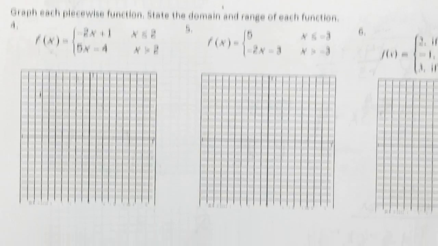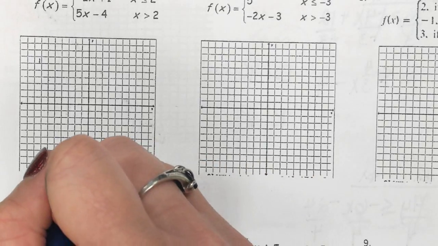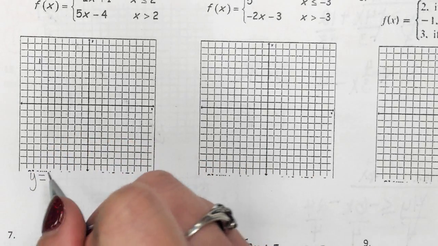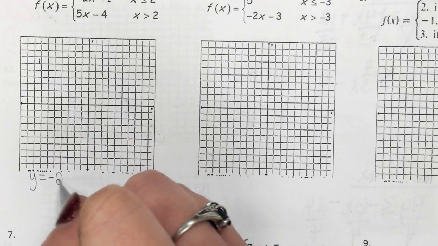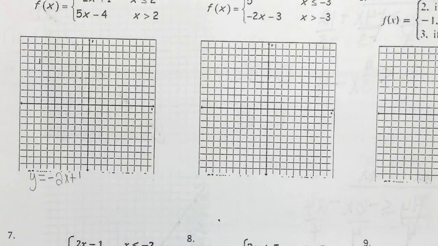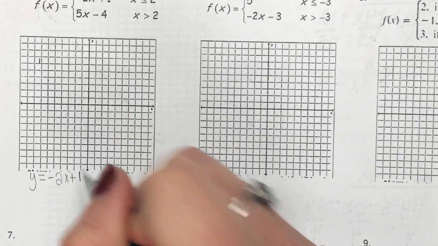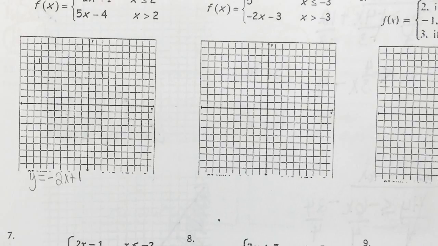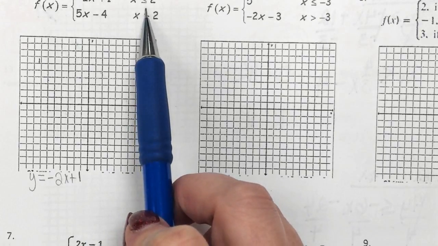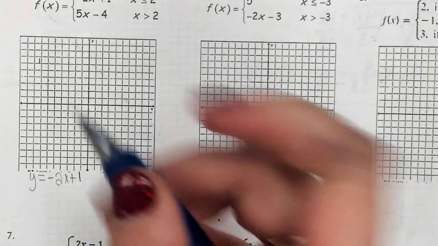We have, what's our first function they give us? Negative 2x plus 1, right? Okay, so you've got to plug in an x value so that you can figure out where to start, okay? So what's the x value that it told you to plug in? 2.